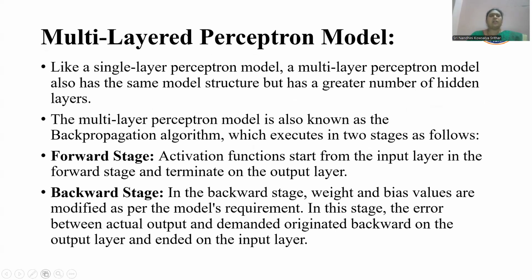The single layered perceptron model has an input layer, one hidden layer and then an output layer. In the multi-layered perceptron model, we have more hidden layers, as well as an input layer and an output layer.